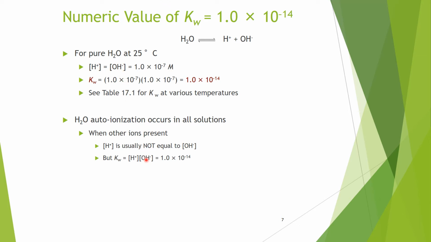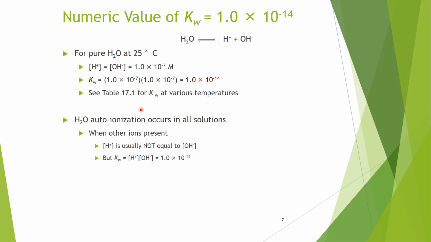Depending on what substances you add to it, you may have more H plus than OH minus, or the other way around. But what will be constant is the product of these two. So if the H plus goes up, the OH minus will go down by the same factor. If H plus goes to 10 to the minus 3rd, the OH minus will go to 10 to the minus 11th.